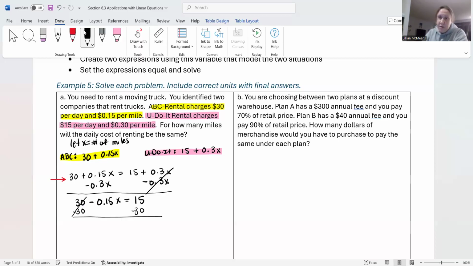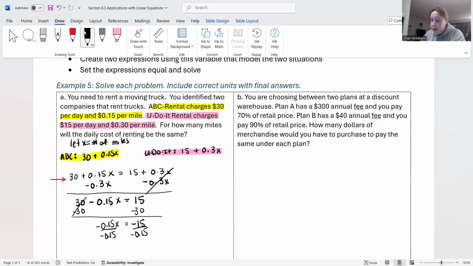So 30 minus 30 is 0, and that leaves us with just negative 0.15x. And then on the right, 15 minus 30 is negative 15. So we've got a single variable term equaling a single constant term. We want to undo the multiplication of negative 0.15 and x. So we undo that with division.